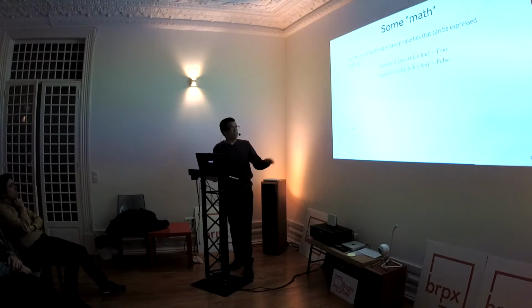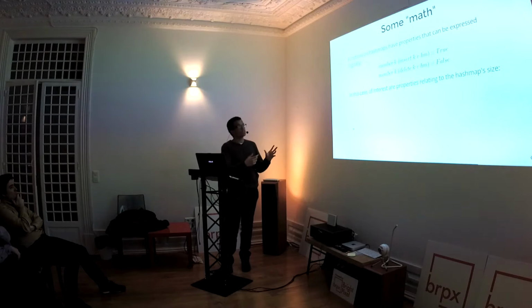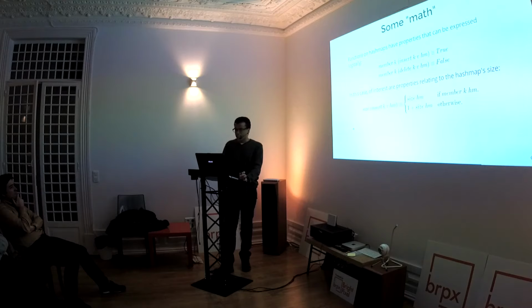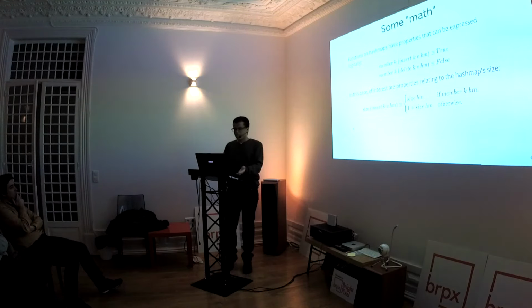And the reverse, if we delete the key and ask if it's a member of the hash map, the answer should be false. In this case, the properties we're interested in are about how the functions manipulate the hash map size. In the case of insert, if the key is already part of the hash map, then the size should be the same as before the insertion. If it's not a member, then it should increase by 1.